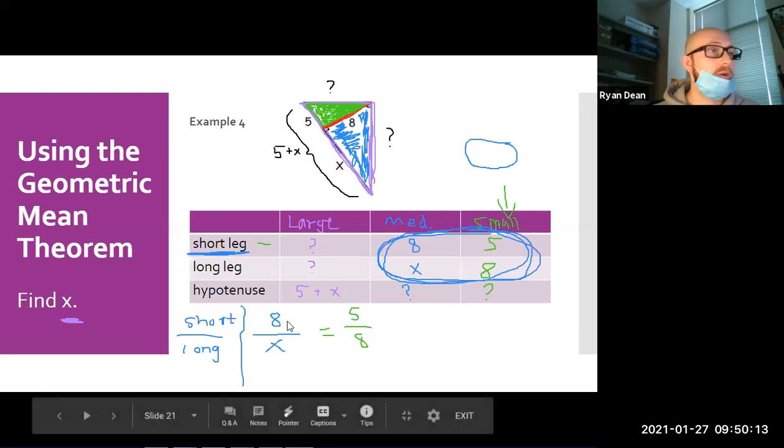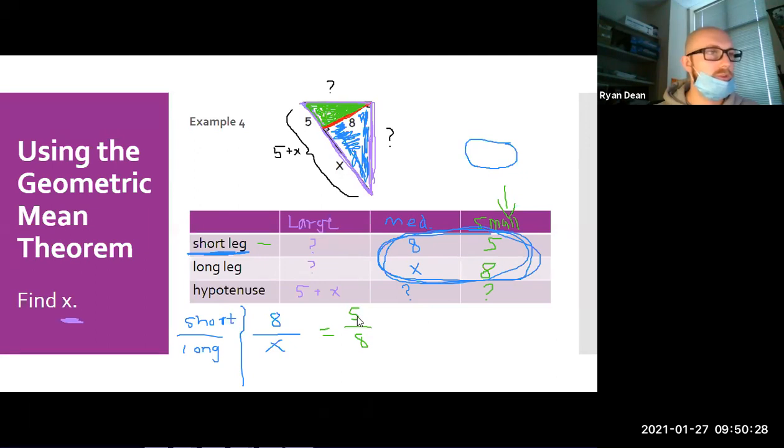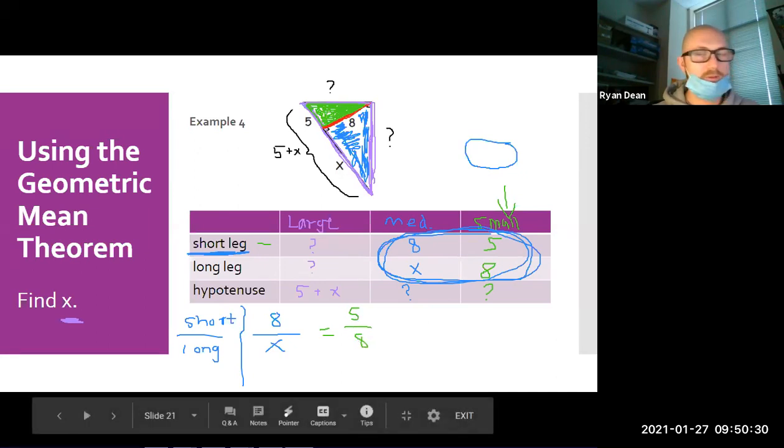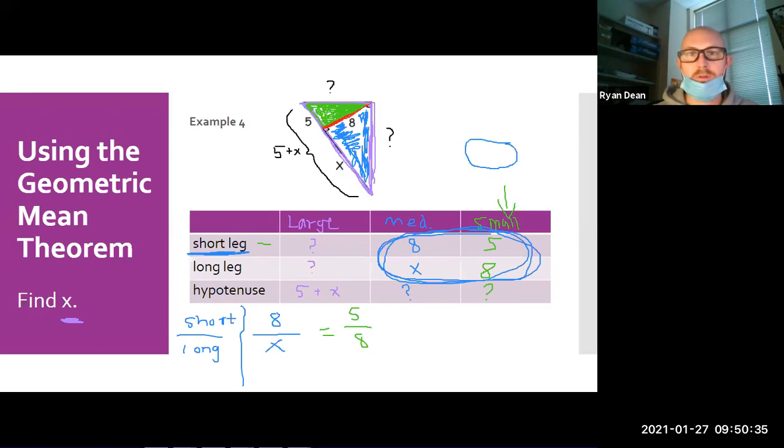On the top of both of my fractions, I'm going to put the short piece. The short piece for the blue is 8, and then the long piece is going to go underneath. That's going to be the x. And do the same thing with the green. The short piece for the green is 5, the long piece for the green is 8. Now from here, it's just solving an equation. We're just simplifying, solving for x.